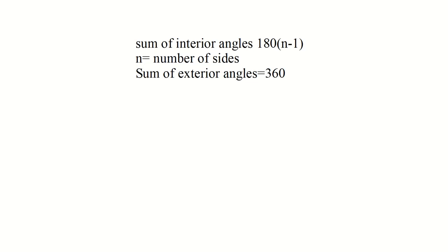SOHCAHTOA, very quickly, I'm just going to show you guys what this is. When we're using Pythagoras theorem or SOHCAHTOA, it is a right angle triangle that we're using. In a right angle triangle, the right angle is denoted by a little box at the corner.